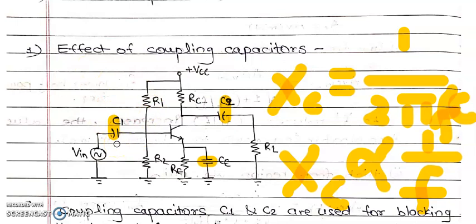Since across C1 a higher voltage drop is there, the effective voltage provided to the base terminal of the transistor decreases, and whatever voltage is provided at the base of the transistor, only that much signal is amplified by the transistor or by this amplifier circuit.